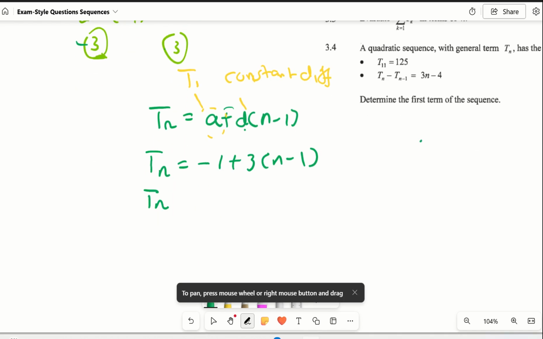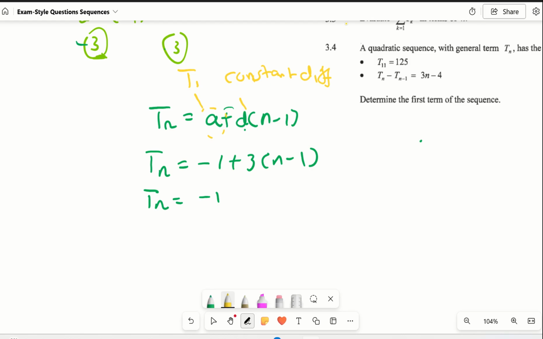We have Tn equal to -1. We multiply this 3 out. 3 times n, 3 times -1. So 3 times n gives us 3n. 3 times -1 gives us -3. With Tn equal to, it is always preferable for you to start with the variable, so anything that contains a letter. So you're going to start with the +3n. Remember that when you move a term, you move it with the sign in front of it.